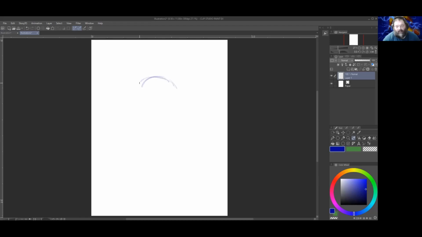So the best way to demonstrate how to use your placement knowledge is that we're going to start off with a sphere, and we're not going to do it straight on. We're going to do it from kind of an angle. What you need to do is decide the direction your character is going to be looking in.